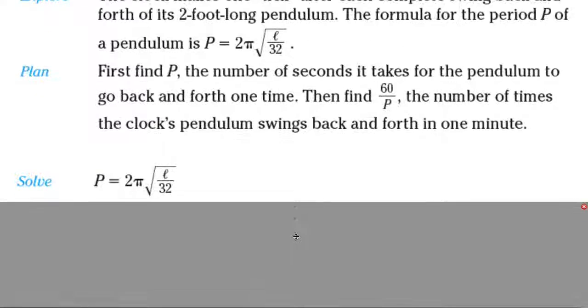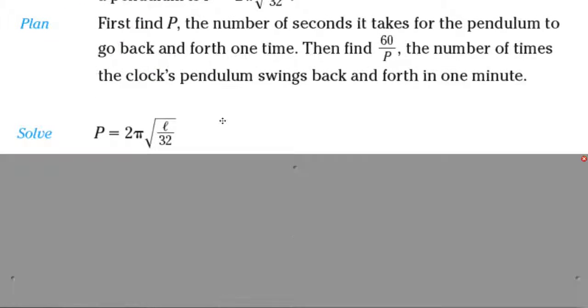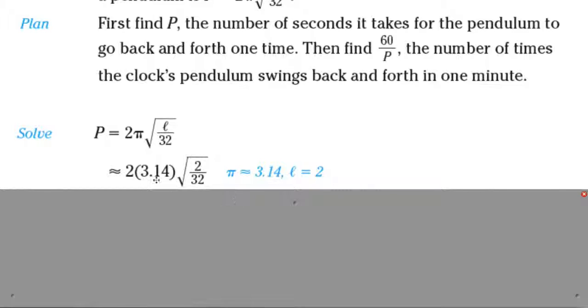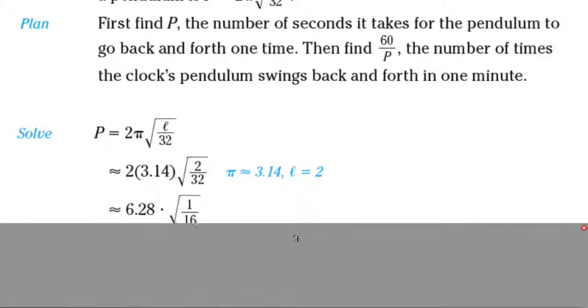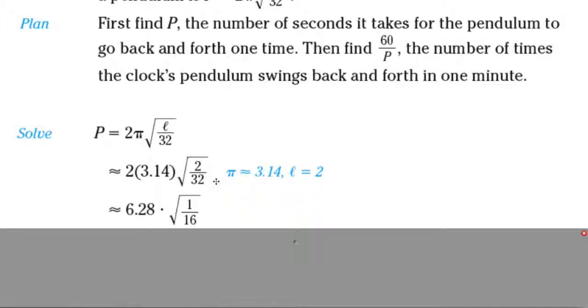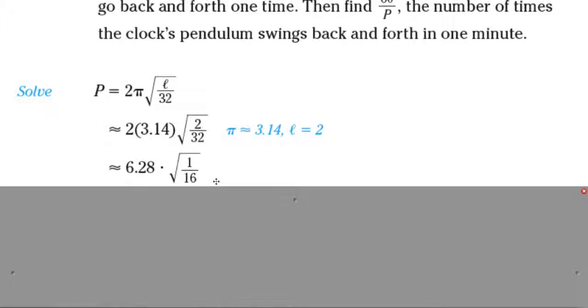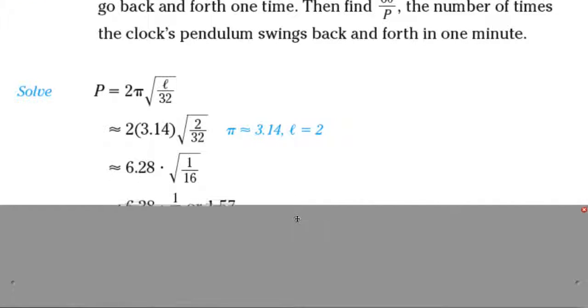Let's implement that. First, write down the formula. P is equal to 2 pi times radical L over 32, which is approximately equal to 2 times 3.14, the approximate value of pi, times radical 2 over 32, where 2 is the length of our pendulum. Then we simplify 2 over 32 to become 1 over 16, and 2 times 3.14 as 6.28.